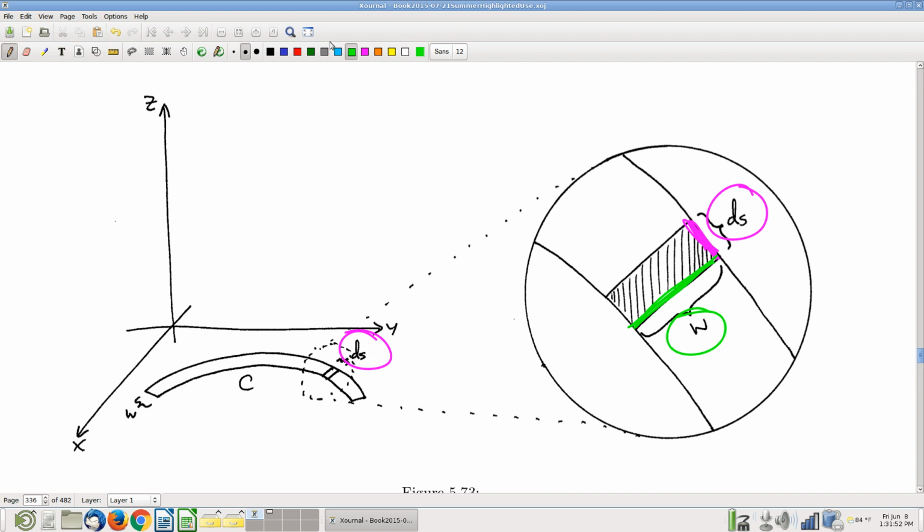And if I know how deep the snow is at that location, I can compute the total amount of snow sitting over this one little piece. Whatever that height, depth, whatever you want to call it, multiplied by the width, multiplied by ds, that tells you the volume of snow sitting at that location.